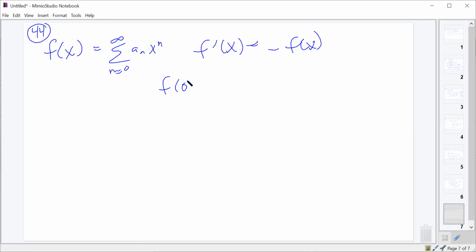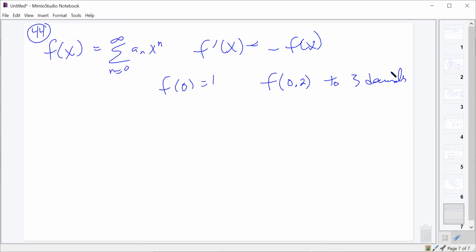We also have f of 0 is 1, and we want to know what is f of 0.2, to 3 decimal places.